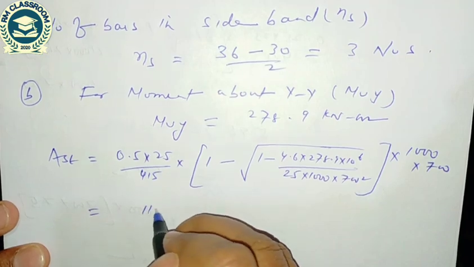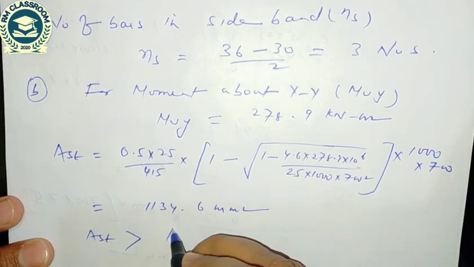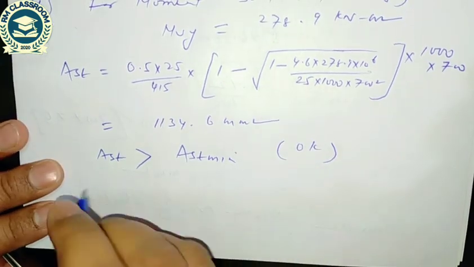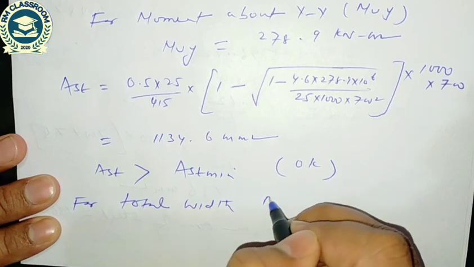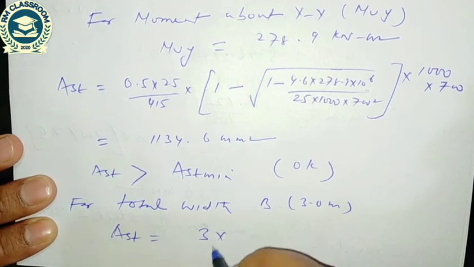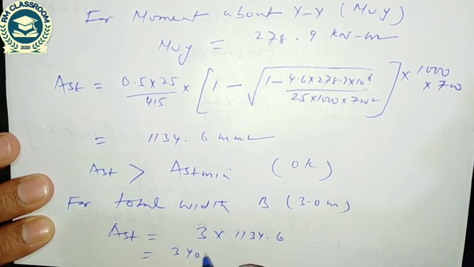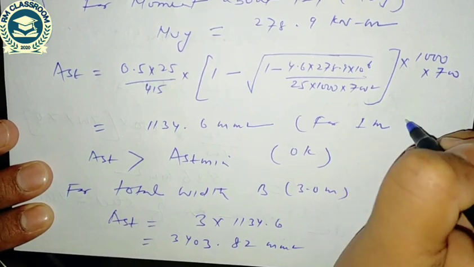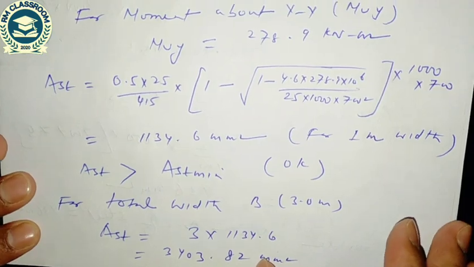So it is coming 1134.6 mm square. So this area of steel is greater than AST minimum, so okay. For total width B 3 meter, area of steel is 3 into 1134.6, so it is coming 3403.82 mm square, because this is for 1 meter width.